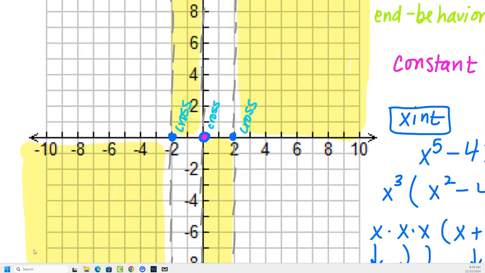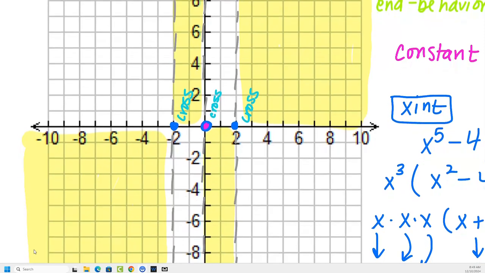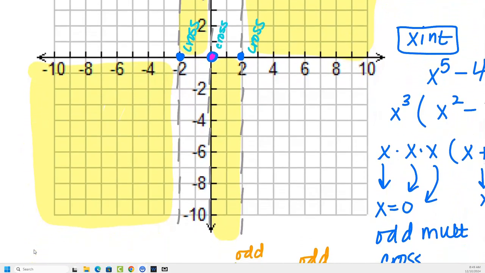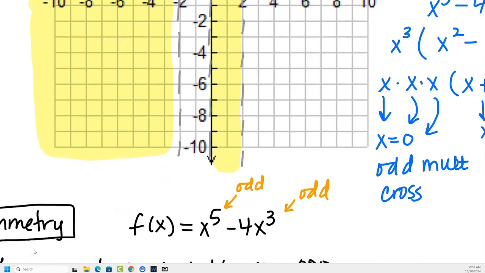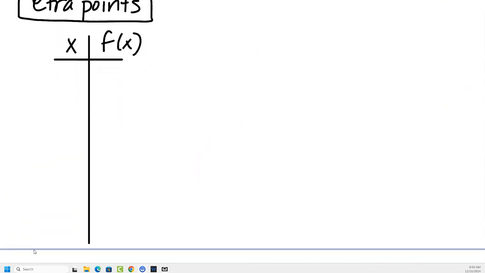And let's see, what values do I need to find here? Oh, you know what? There's not a whole lot to do because when I find when x is 1, I'll know when it's negative 1. I could do 3 and negative 3. I think, though, that we know it's just going to go up pretty quickly. So I'm just going to find when x is 1.